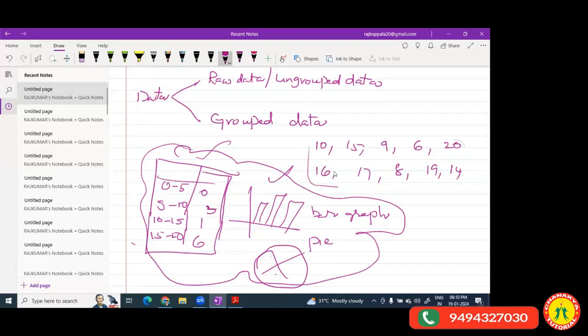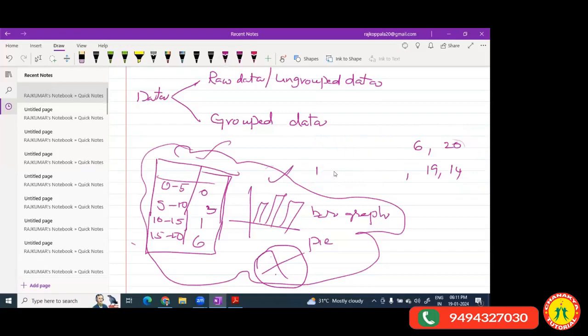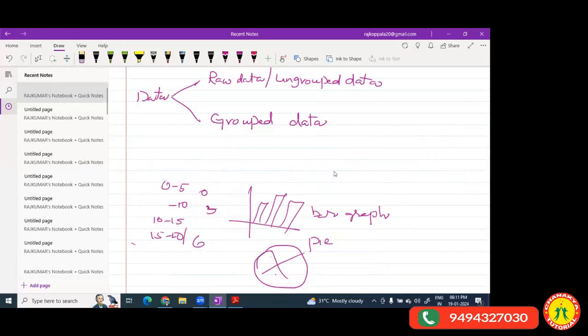If the data is not arranged in any format, it is called raw data or ungrouped data. Understand? Grouped data must be in a tabular form or in graphs, like bar graphs, pie charts, many types of graphs. That is called grouped data, right? If the data is not arranged in any tabular form, it is called ungrouped data or raw data. Okay. Right, now we will see that.